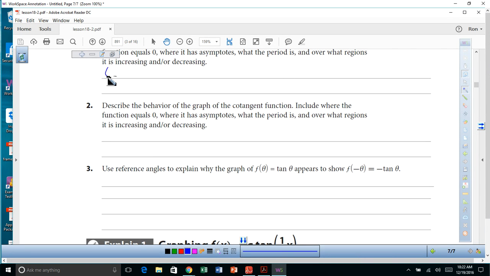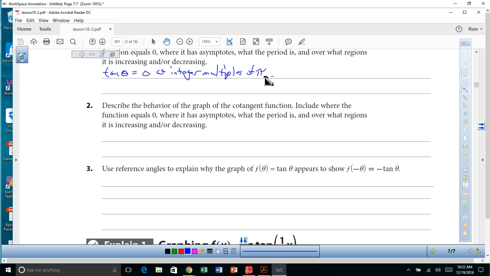Tangent theta equals 0 at integer multiples of pi.